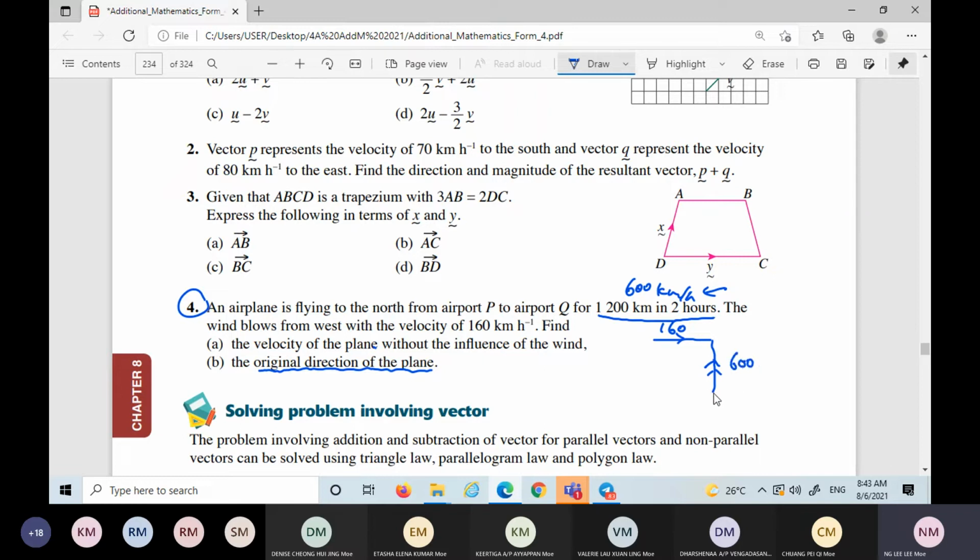It means that the aeroplane, the original direction and the velocity is this. They're flying this way, then influenced by the wind, so it will end up in this way to the north exactly with the 600 velocity. This is what I understand now.